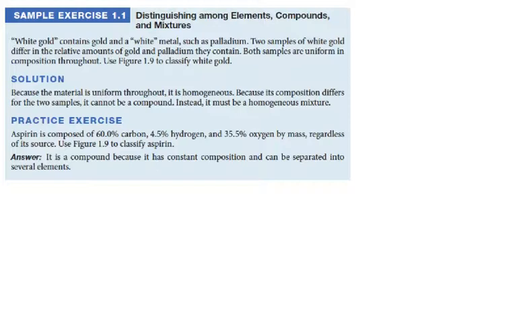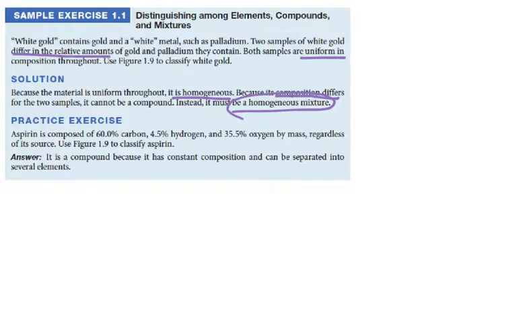Some of the key things here, we're going to classify this. So the key idea is it's uniform. So because it's uniform, it's homogeneous, but they differ in the relative amount, so that means its composition differs, so that means it's not a compound, so it's a homogeneous mixture. You need to be able to take things like this and classify them as well.